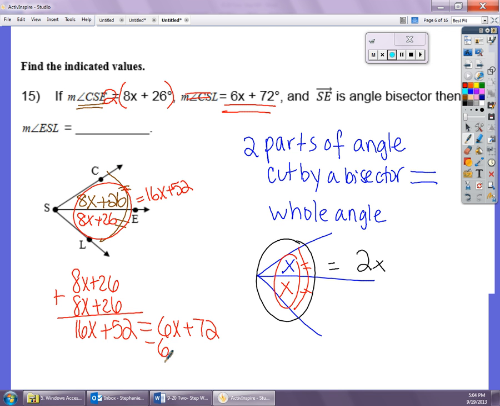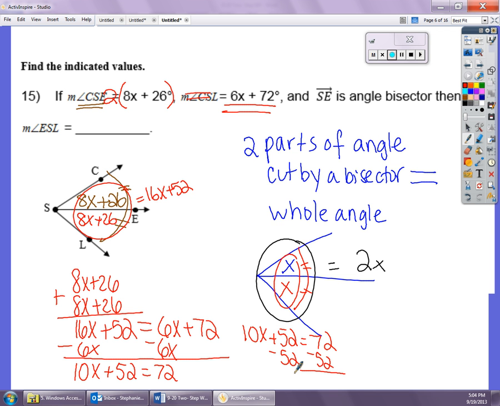So now when you solve it, we find out that x equals 2. So since x equals 2, they're not asking us to solve for x. They're asking us to actually solve for ESL.